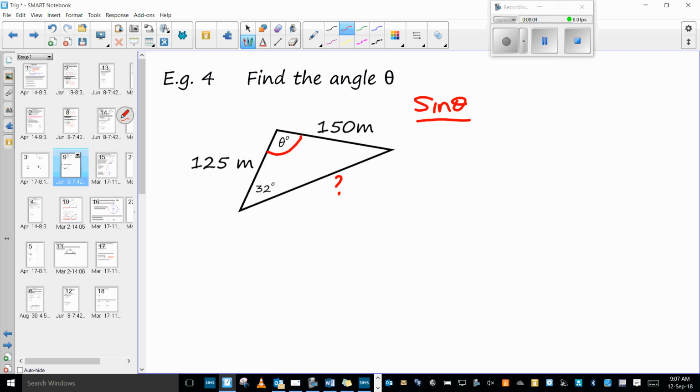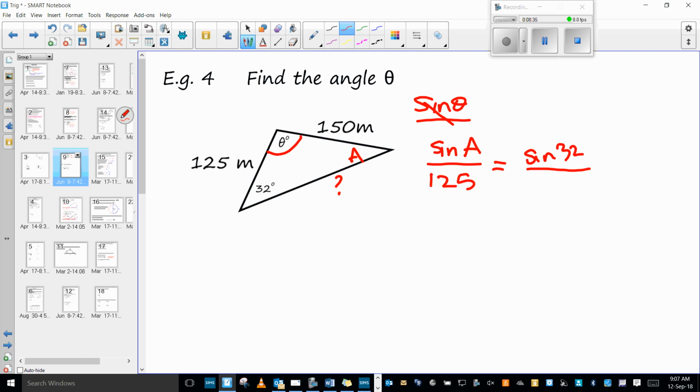So I'm going to call that big A, you can call it anything you wish. So I'm going to have a new statement: sine A over 125 is equal to sine of the other angle over its opposite side.